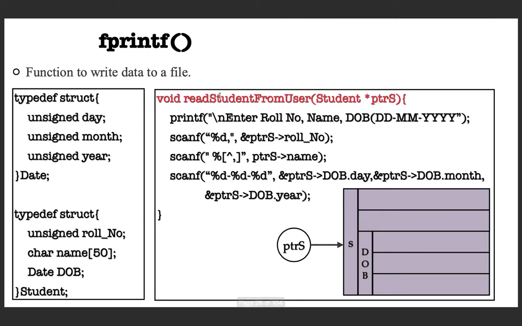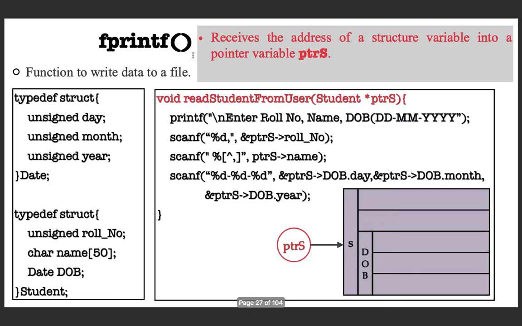So this is that function, read student from user. You are getting an address of a structure variable of this kind. So you declared a pointer, ptrs. What is ptrs? It receives the address of a structure variable into a pointer variable ptrs. So whatever be the address of that structure variable, you are getting it in this pointer variable. So ptrs is pointing to that structure.